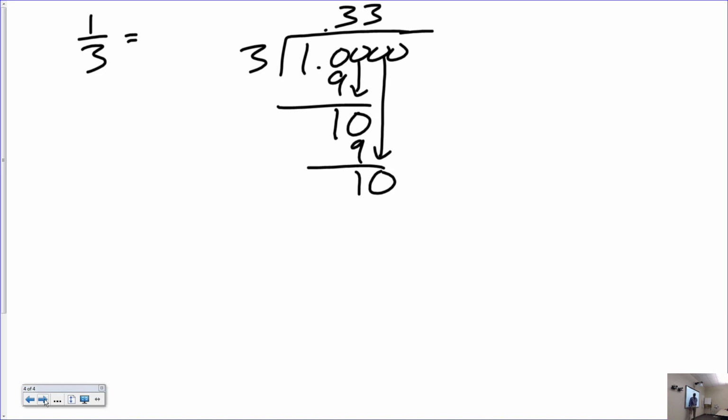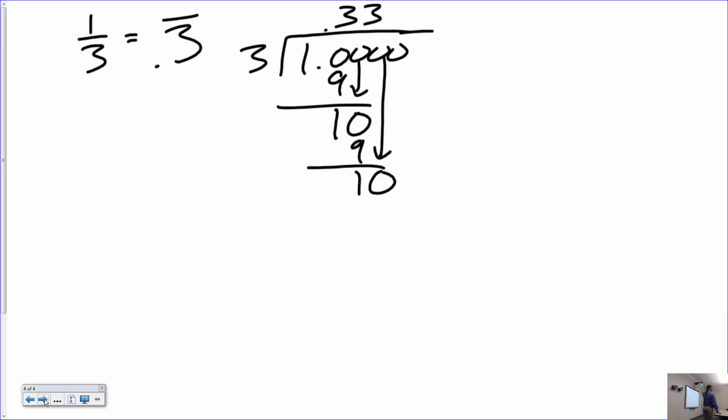Note, folks, when you see the pattern is repeating, put the repeating bar over the 3, okay? I am going to tell you on all problems where to round things. If I do not tell you to round them, that means give me all the digits and make sure I know what you're talking about.